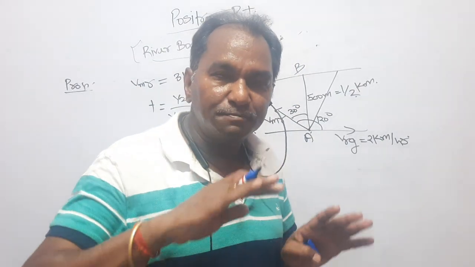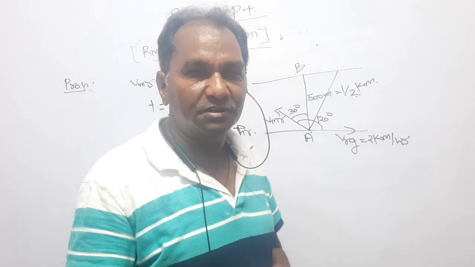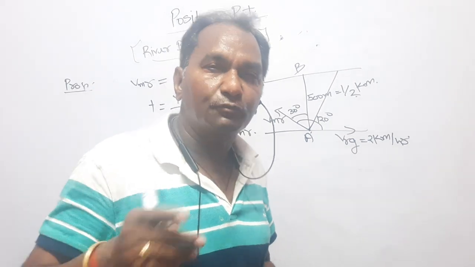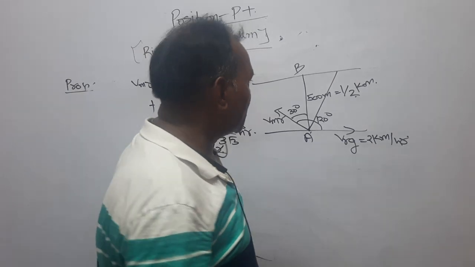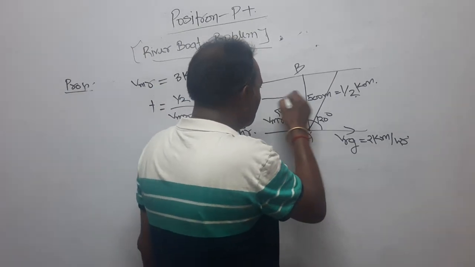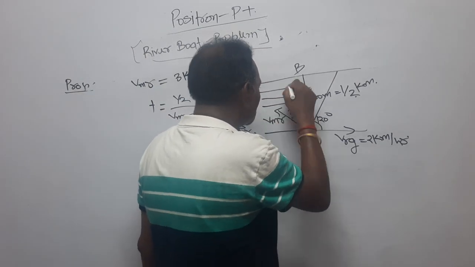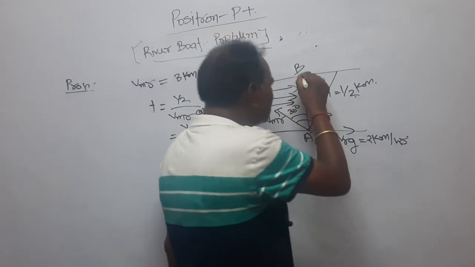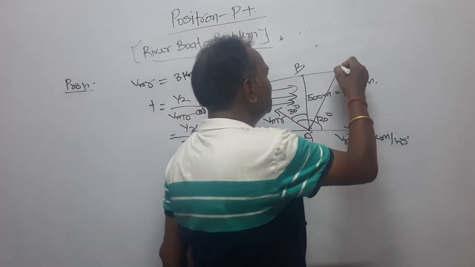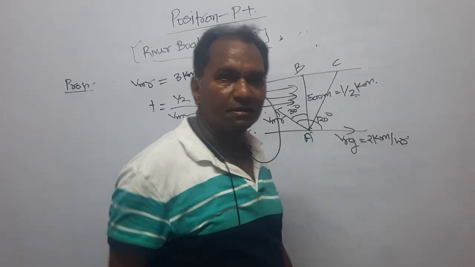The man keeps himself always at 120 degrees with respect to the river, right? But what happens? The river will sail this man, throw this man. He will not reach here. He might reach here, but this time let him reach at point C, right?